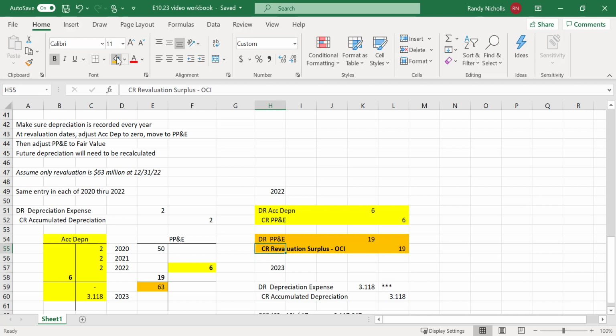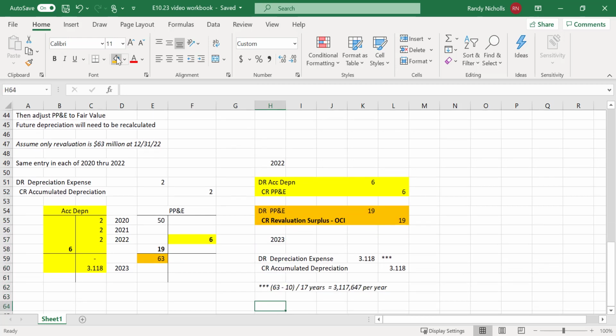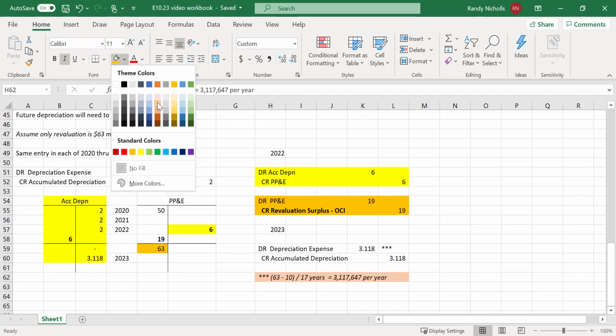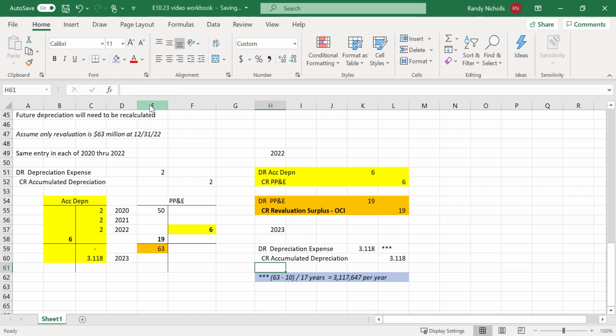Okay, and then the only other thing that changes in 2023 is that now I need to revise my depreciation calculation. In this case, it's not nice round numbers, but I didn't want to put zeros on everything. How much is it? Well, my new value of the asset is 63 million.